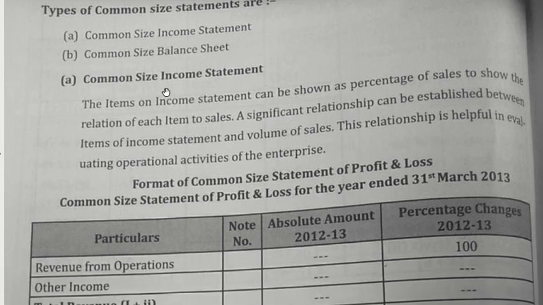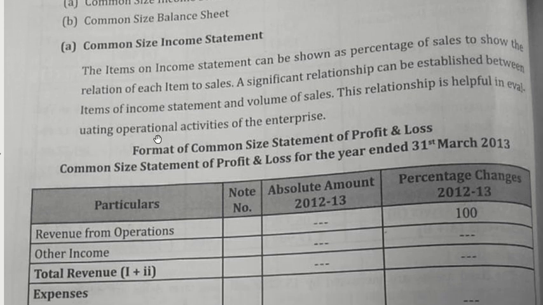In the common size income statement, the items will be shown as a percentage of sales to show the relationship of each item to the sales. A significant relationship can be established between items of the income statement and the volume of sales. So the sales will be considered as 100%, and every other item will be shown as a percentage of sales.